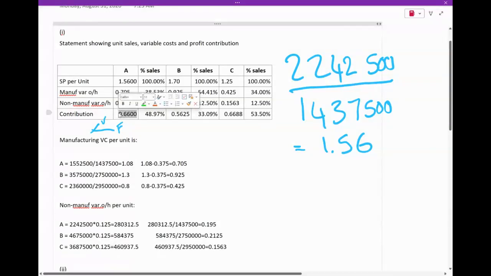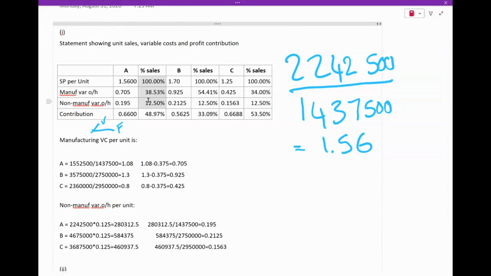The 0.66 divided by the 1 rand 56 times 100. Or you can say my contribution should be the difference between my sales and my variable overheads. From a percentage standpoint, you can just say 100% minus the 38.53 minus the 12.5, and then you should get the same 48.97. So you can calculate it one of 2 ways.